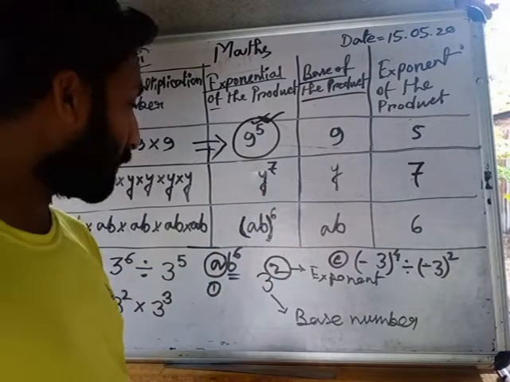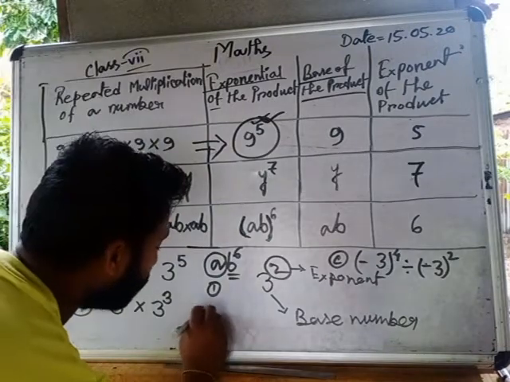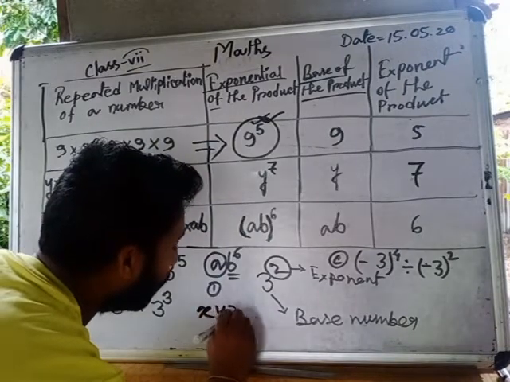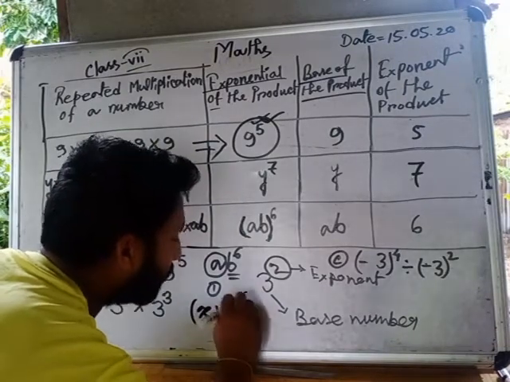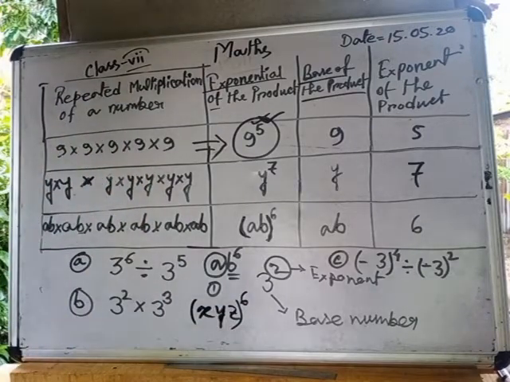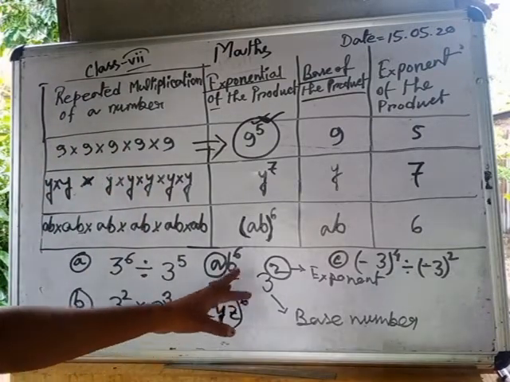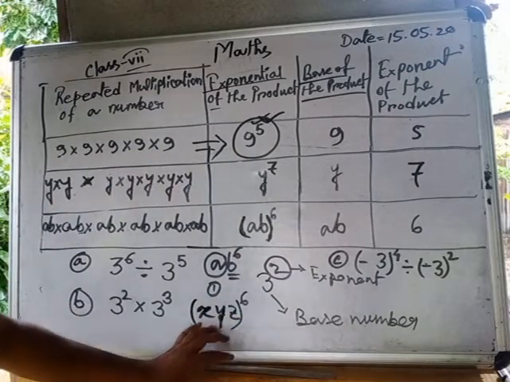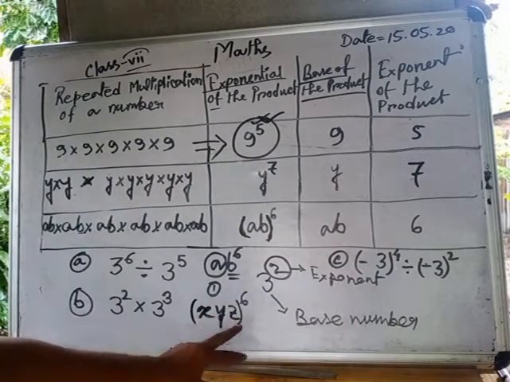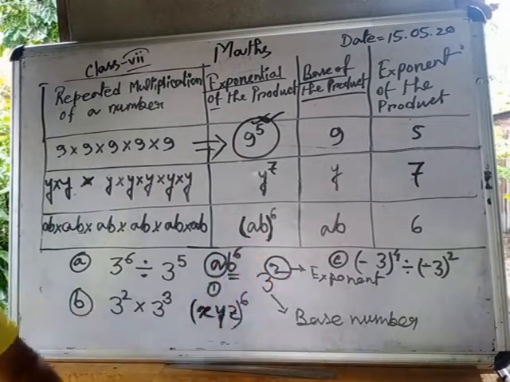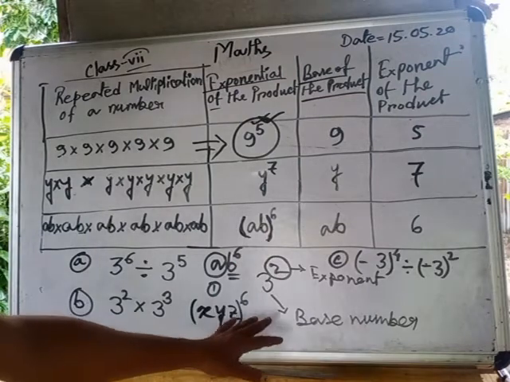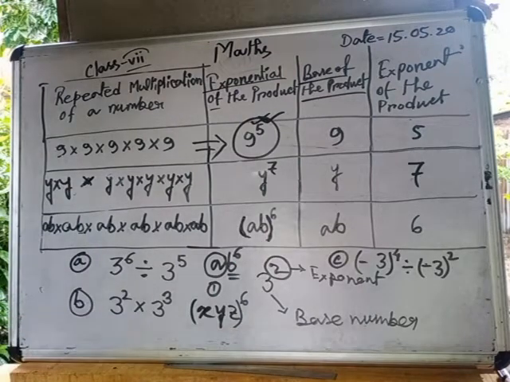Okay, do you understand? Suppose it is x, y, z with exponent 6. That means x will be multiplied 6 times, and y and z also the same, so we write it within a bracket.